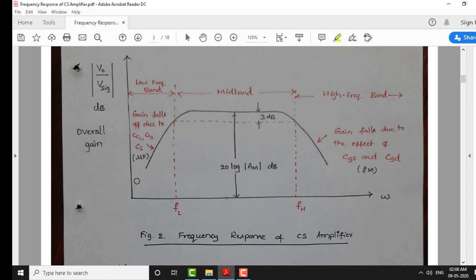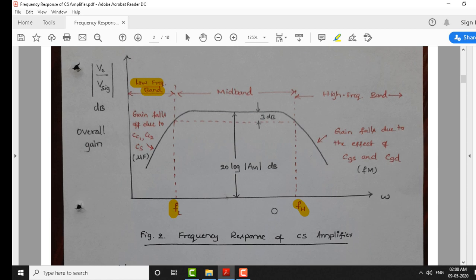If you observe this frequency response, the curve looks umbrella shaped, and the reason is that we have different frequency bands. We can split this entire curve into 3 bands. The first band is the low frequency band, for frequencies between 0 and FL. FL is the lower cutoff frequency, and FH is the upper cutoff frequency.